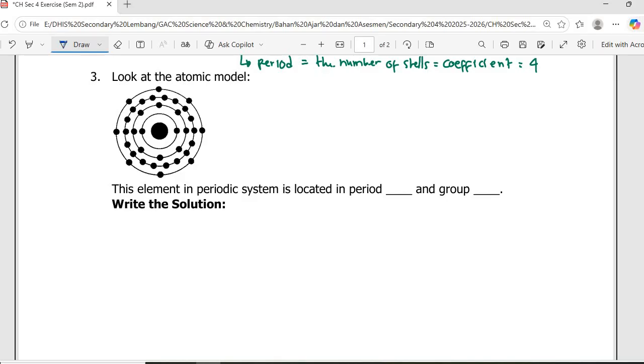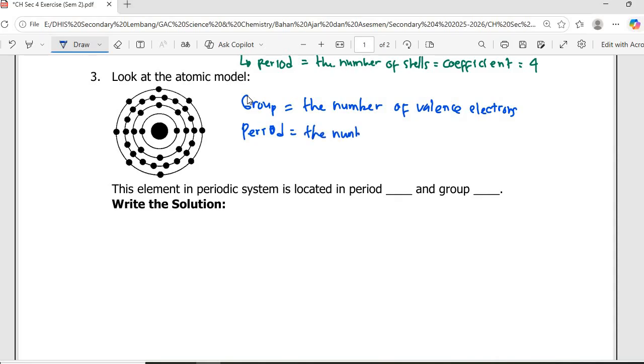Actually, the concept is almost the same: a group is the same as the number of valence electrons, and a period is the same as the number of shells. But in this case, the question only provides an atomic model of an element. It's different from the previous questions.